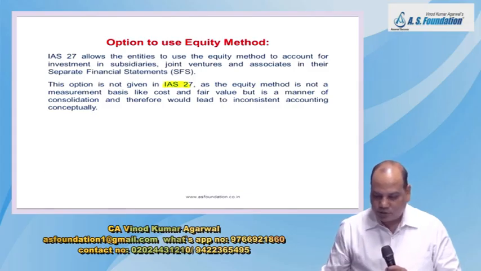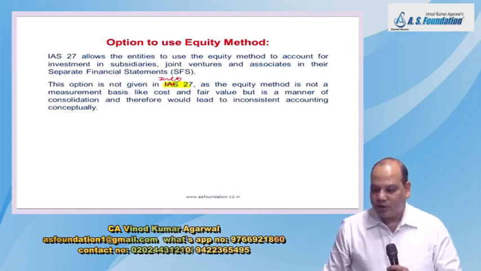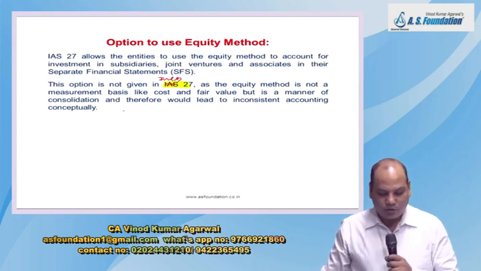I'll make a small correction on the screen. The reason given is that the equity method is not a measurement basis like cost and fair value, but it is a separate method of consolidation in itself and therefore would lead to inconsistent accounting conceptually.